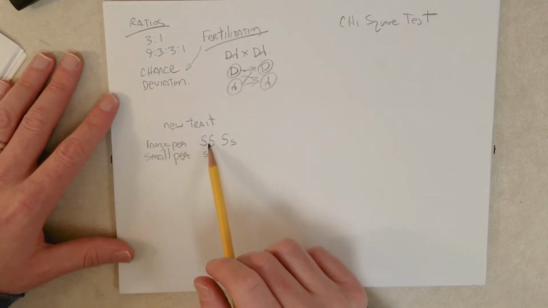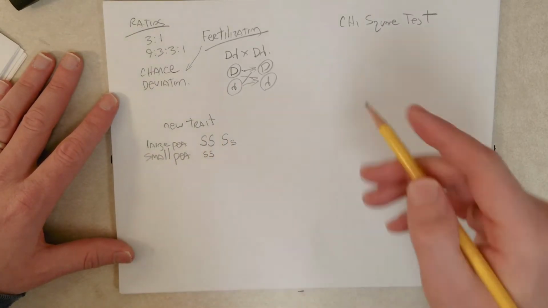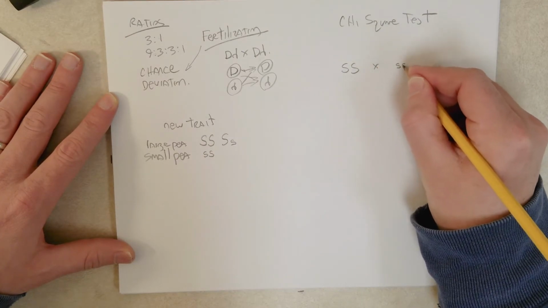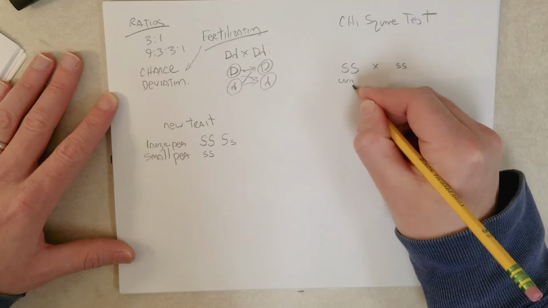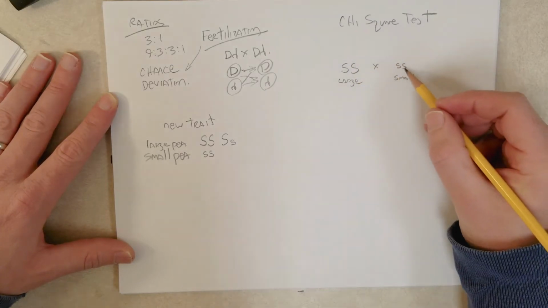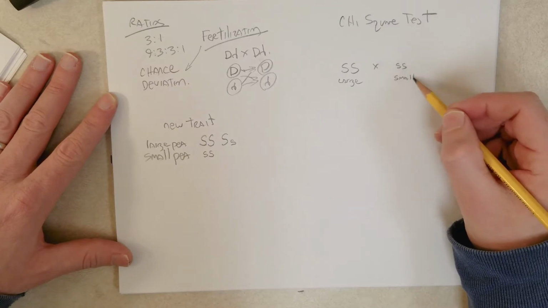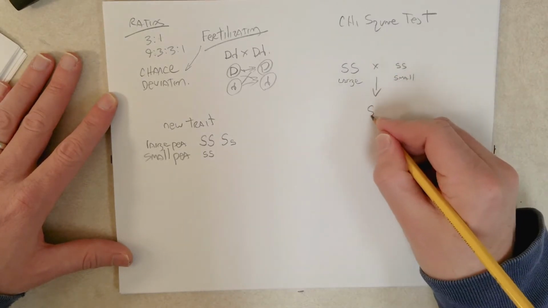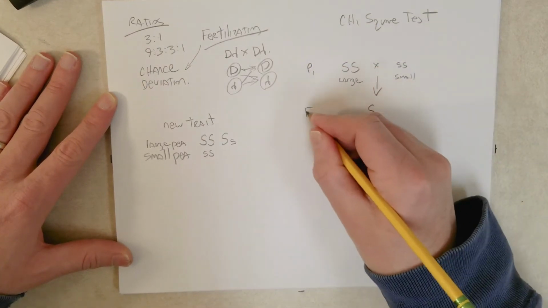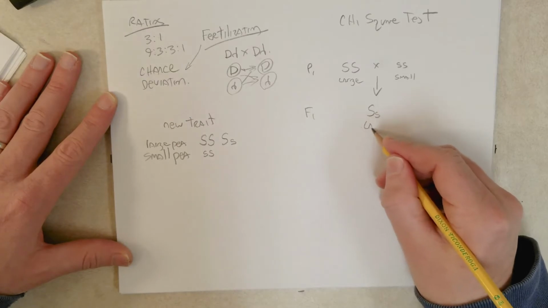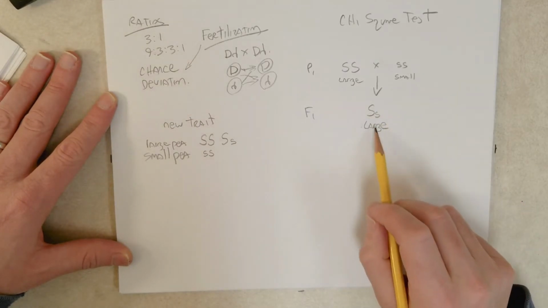So we can predict what would happen if we were to cross true breeding plants that only made large peas with true breeding plants that only made small peas. That was the P1, and in the F1, all the plants should be heterozygous, all with large peas.